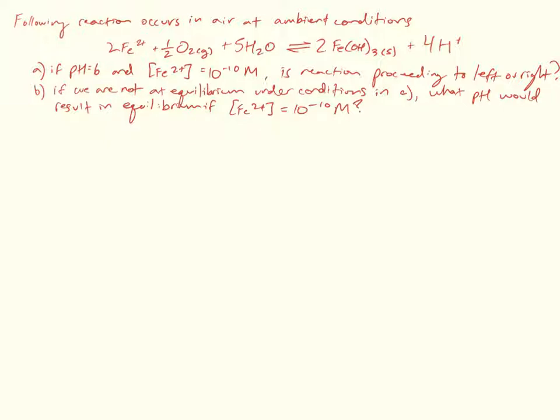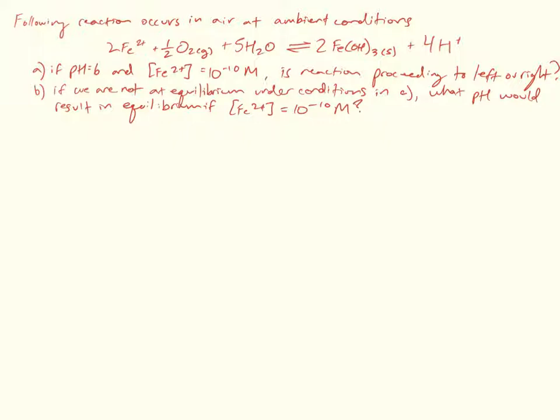Well, we know that in order to determine whether the equation is proceeding to the left or the right, we're going to have to calculate Q, the reaction quotient for the conditions given, compare that to K, the equilibrium constant, and if Q is equal to K, then we are at equilibrium.